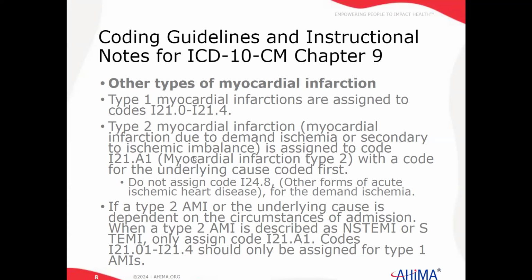And depending on what the underlying cause is, it could be described as a STEMI or non-STEMI, right? When a type 2 MI is described as a non-STEMI or a STEMI, it only gets a code I21.A1. Codes I21.01 through I21.4 are only for the type 1s.